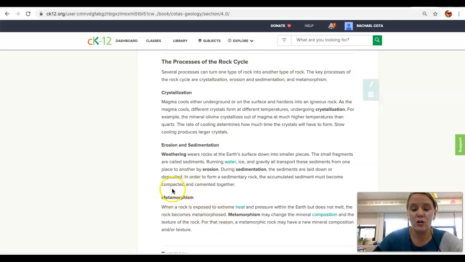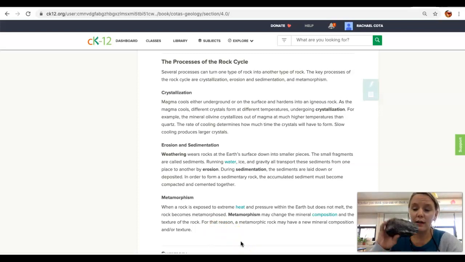And then the last term is metamorphism. When a rock is exposed to extreme heat and pressure within the earth but does not melt, the rock becomes metamorphosed, which means changed in composition. The actual minerals can change composition and the texture of the rock. So we can have a rock that looks very different.